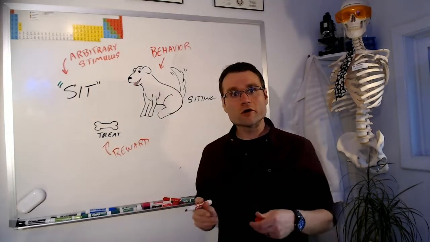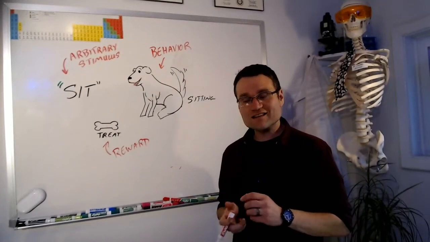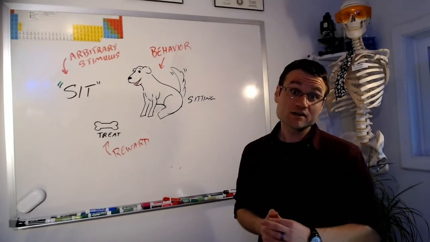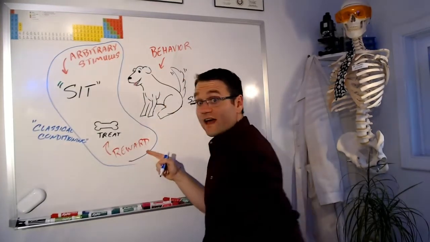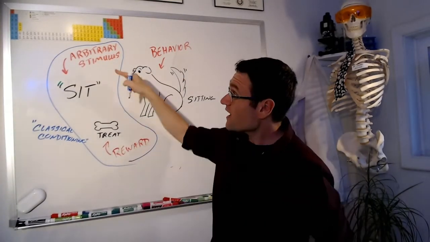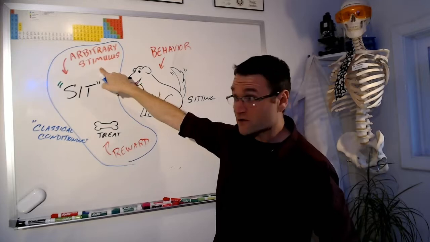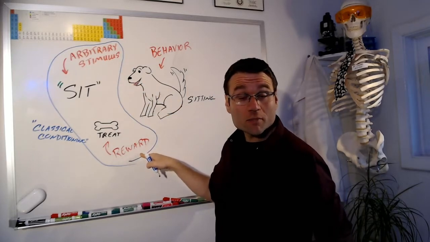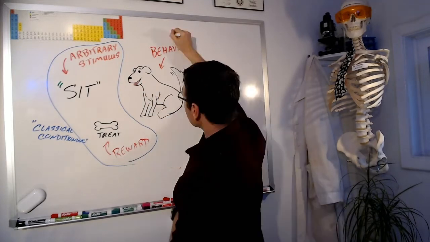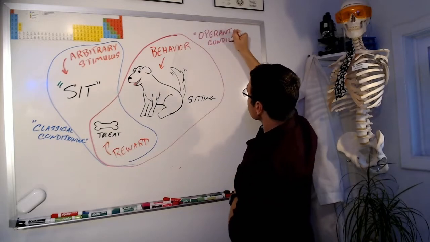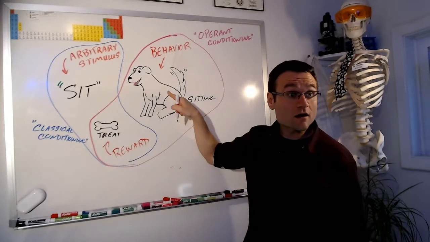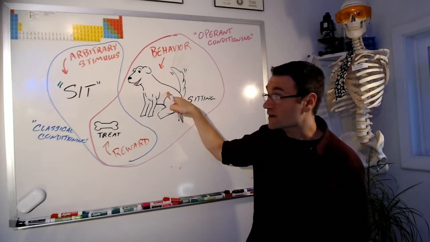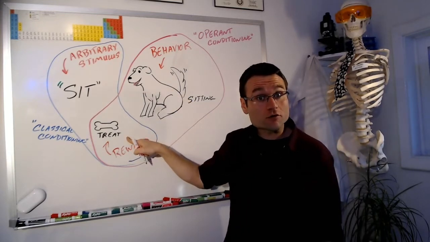A reward. Now, what have we learned about classical conditioning and operant conditioning? Classical conditioning is when you pair an arbitrary stimulus, the word sit, with a reward or punishment, the treat in this case. Operant conditioning is when you pair a behavior, the actual act of sitting, with a reward or punishment.